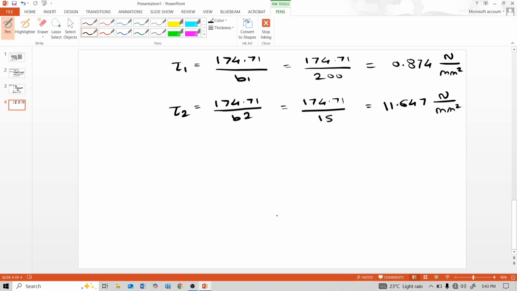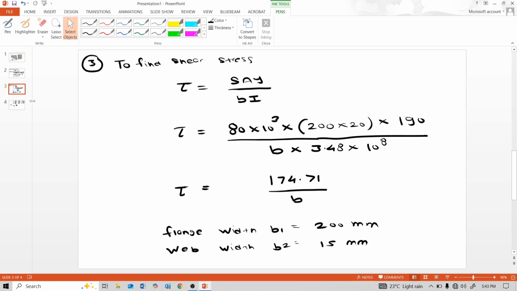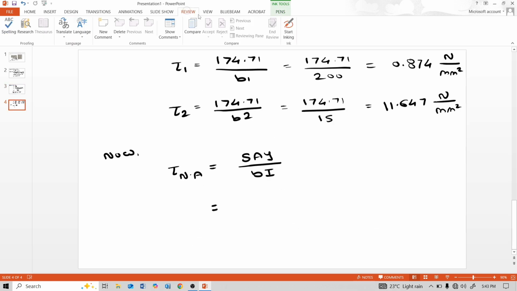Now finding shear stress at the neutral axis. For finding shear stress at the neutral axis, we use the same formula: shear force multiplied by area multiplied by neutral axis distance divided by width multiplied by moment of inertia. So we have this 80 into 10 raised to 3 shear force.